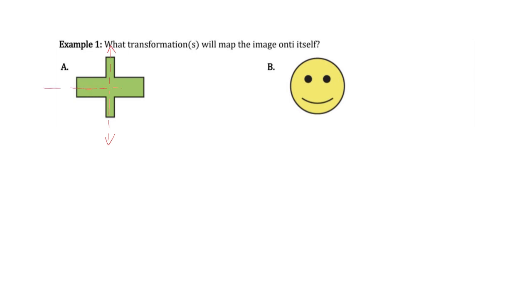If we put a line here, it should map to itself. And also, if we did a 180 degree rotation, it would also map to itself. So vertical line, horizontal line, and 180-degree rotation.